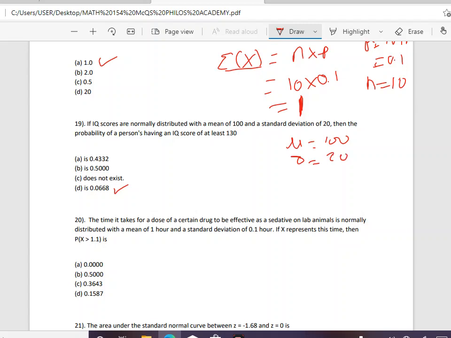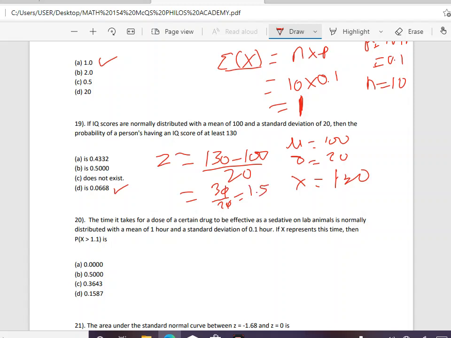So the probability that a person has an IQ score of at least 130, our x is 130. So to find the z score will be 130 minus 100 divided by 20. That's 30 over 20, which gives us 1.5.